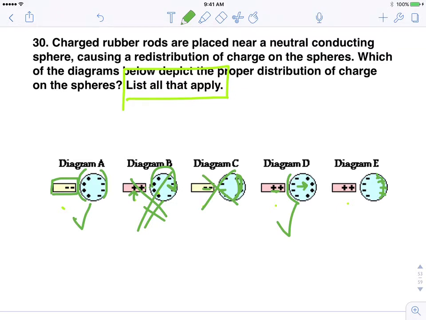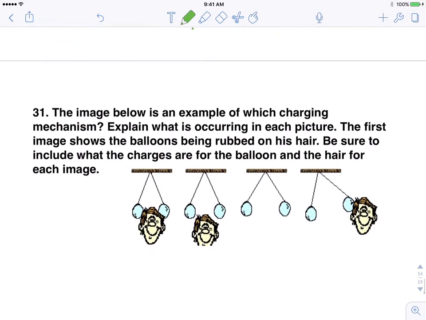So this picture is almost there, but not quite. So we're just looking at diagram A and diagram D as depicting the proper distribution of charge. Okay, that was polarization, you guys.